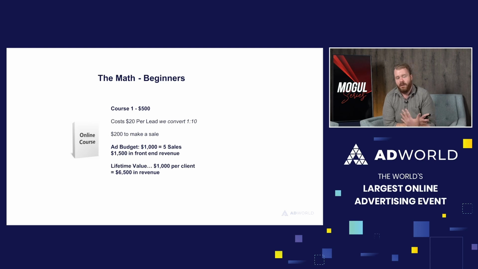That means that we have 5 clients, we've got $5,000 now because we have our additional products and programs that we would sell, that we ascend them into over time. $6,500 in revenue, have $1,500 from our front end, and then we have an additional $5,000 from the back end because we are so good and our clients ascend and they're worth that to us over time. And again, if you don't have that number, by all means go calculate it after, of course, all these amazing sessions. Don't go run away right now, but go calculate that and come back and plug your numbers into that and figure that out.